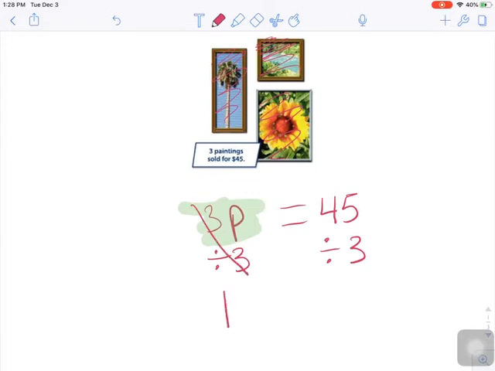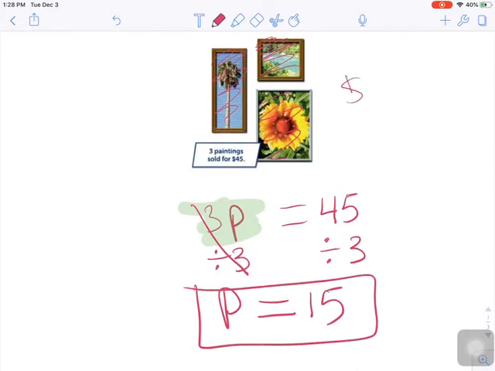So I'm left with p on this side, and then 45 divided by 3, which is 15. So one painting costs $15. And you can always go back and check yourself. You can either do repeated addition, add that 15 3 times, or you can just do 15 times 3 to make sure that you get your 45.